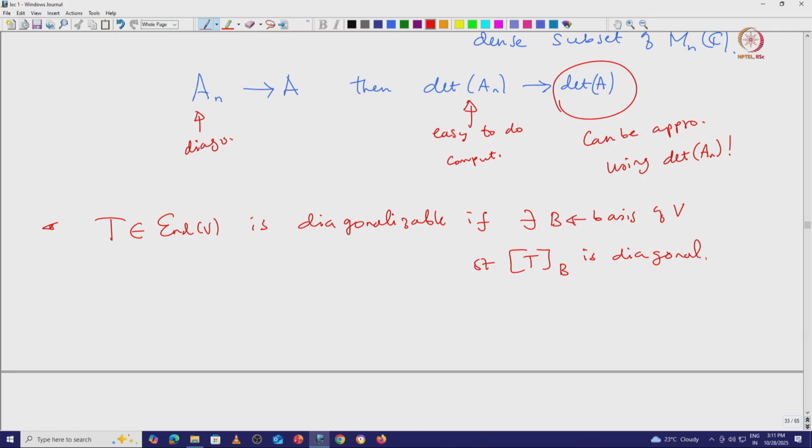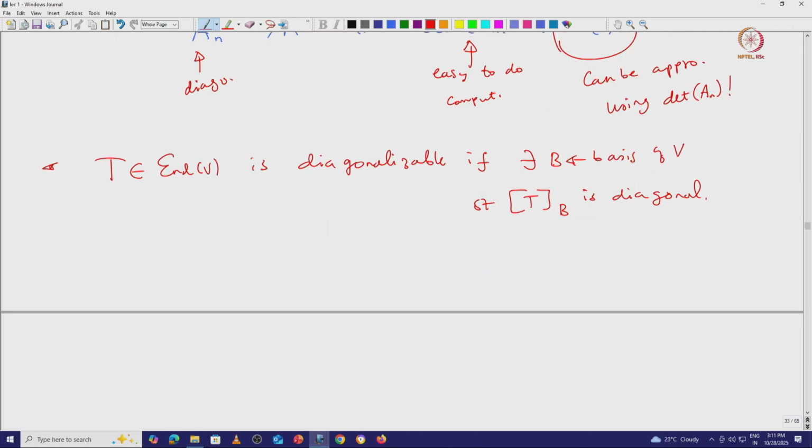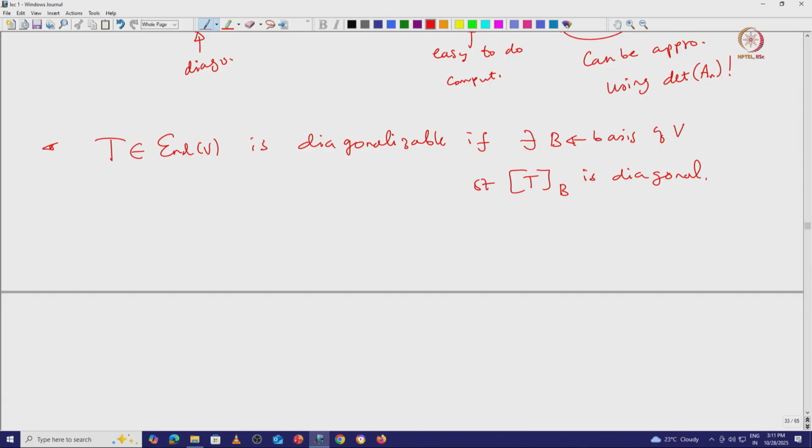There are other definitions used with eigenvectors, but let me just use this definition. The elements of this basis will be called eigenvectors of that operator. We will come to that in a minute.